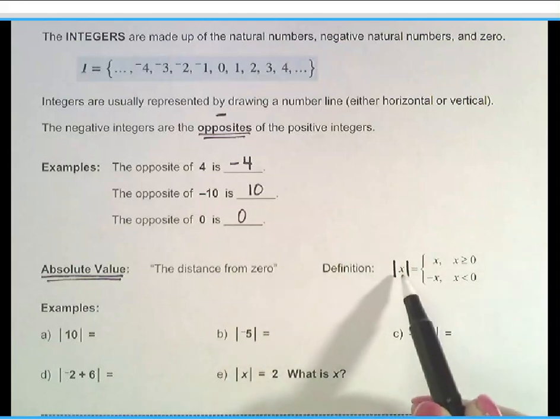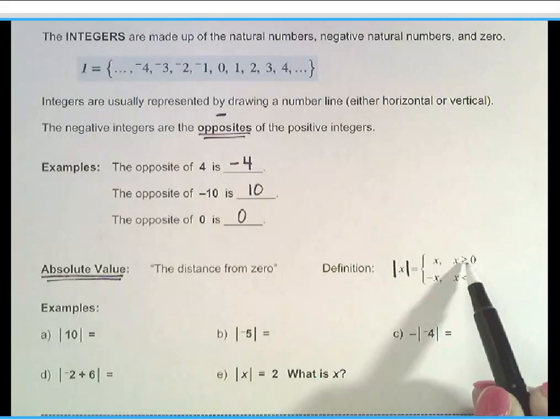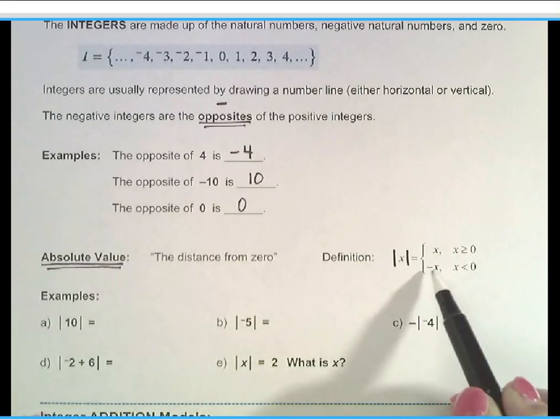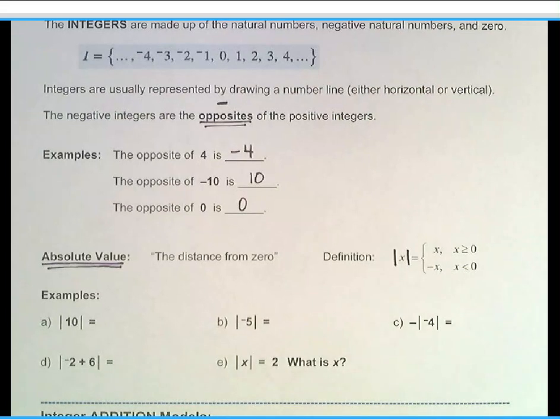So the absolute value of a number is just the number if you happen to be looking at a positive number or 0. So this says x is greater than or equal to 0. So 0 or positive numbers. And it's the opposite of the number if you happen to have a negative number. Now, most of the time we always learn that absolute value makes everything positive.